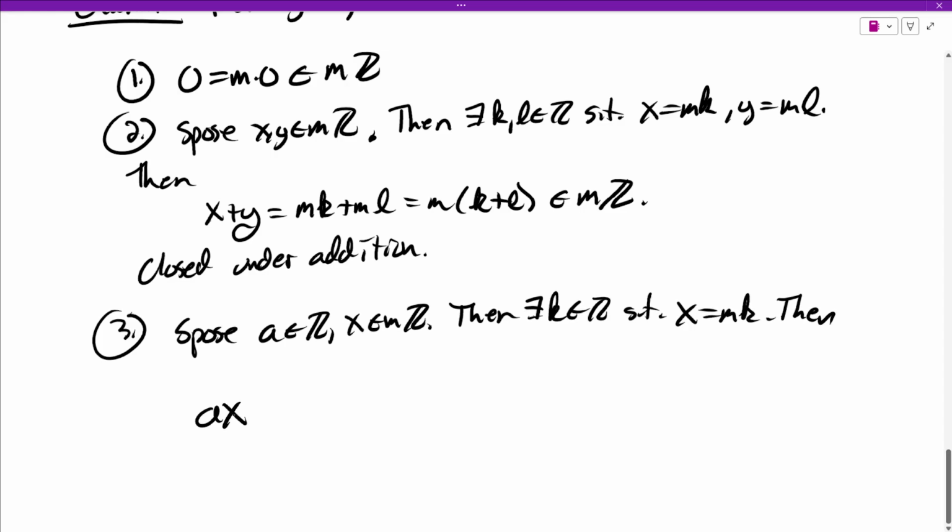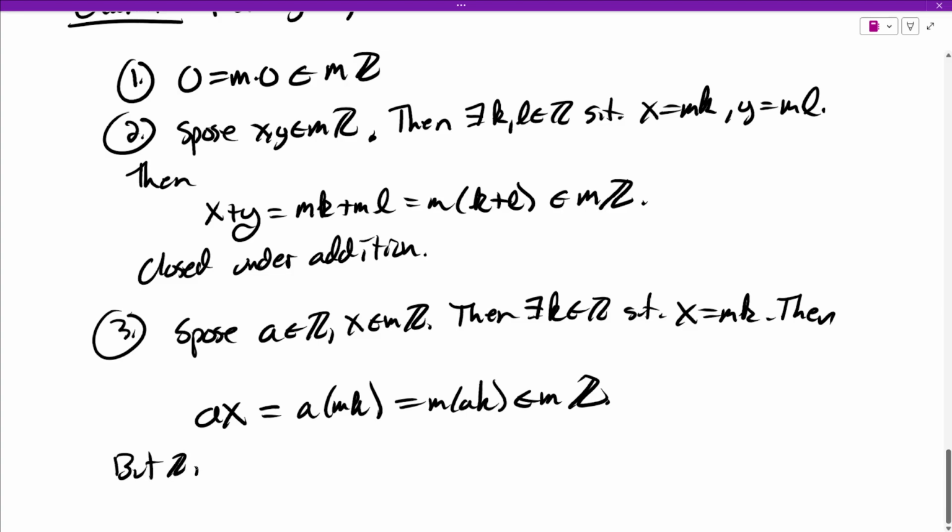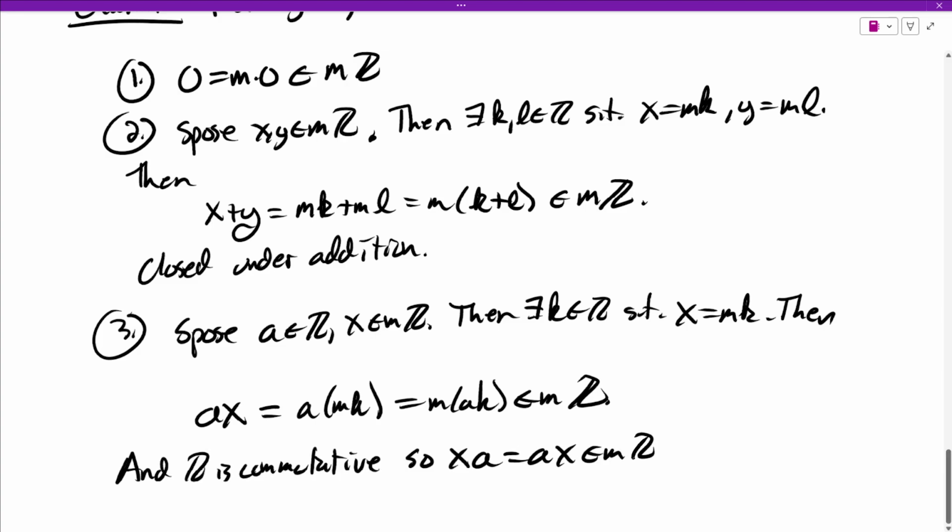Then ax is a times mk, which is m times ak, which is in mZ. And Z is commutative, so xa, which is equal to ax, is also in mZ because ax is.